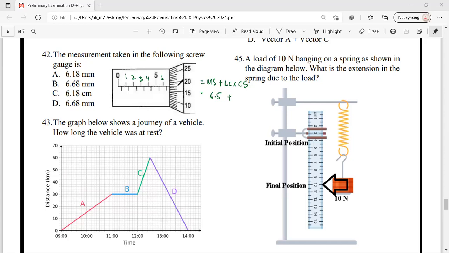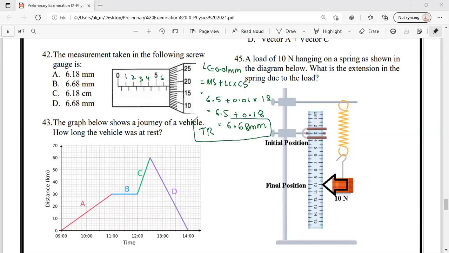We have the second line before 20, that is 18, and least count is 0.01. So solving, 6.5 plus 0.01 multiplied by 18, it will become 0.18. So the total reading in this diagram is 6.68.